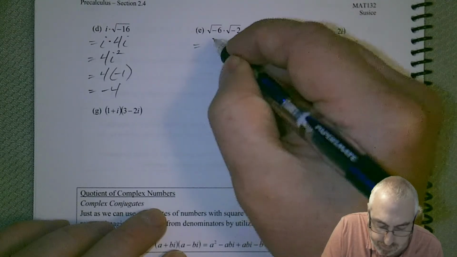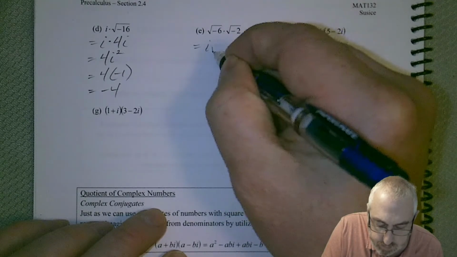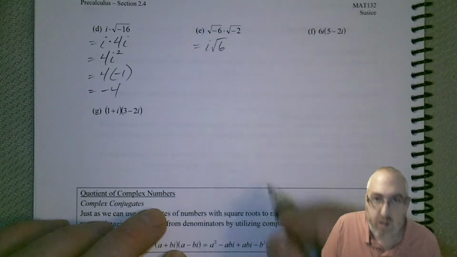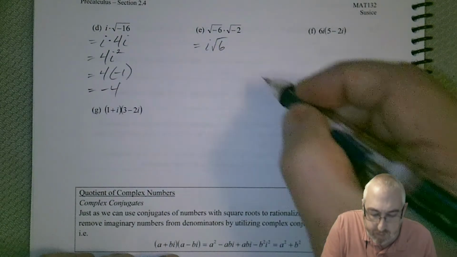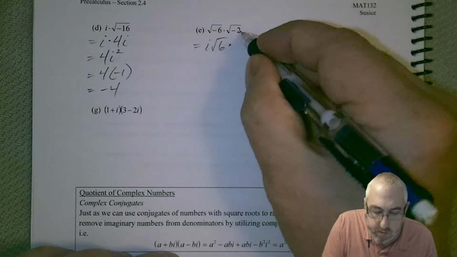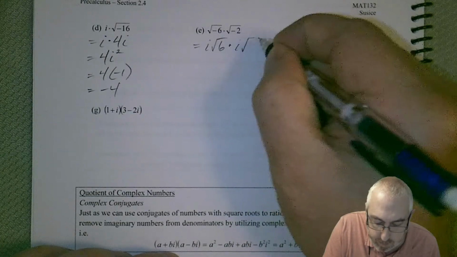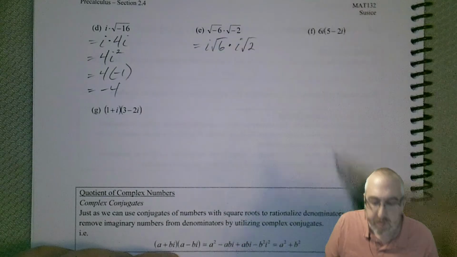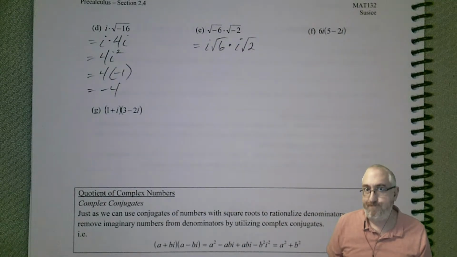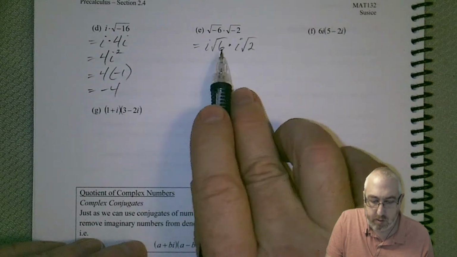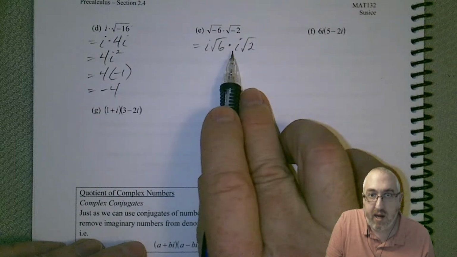So the square root of 6 is not a perfect square, so let's put the I in front of it. 2 is not a perfect square, so let's put the I in front of that. And now what? Well, we know the two i's are going to give us an I squared.